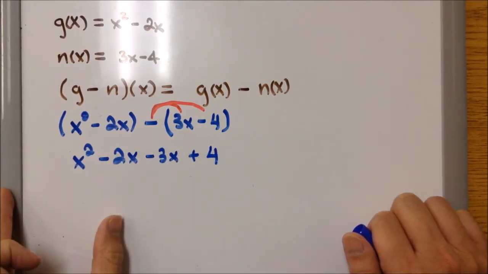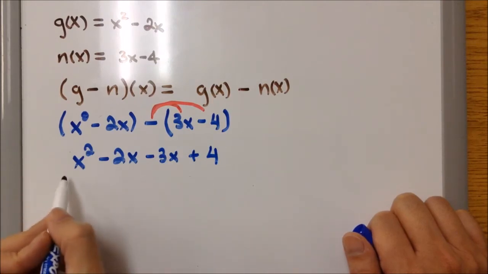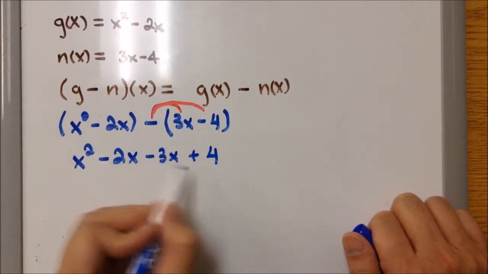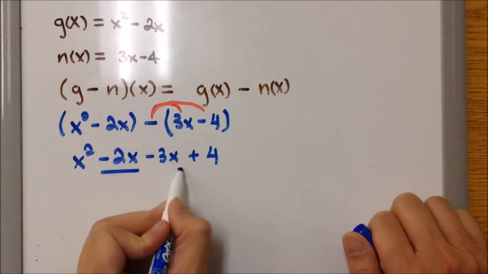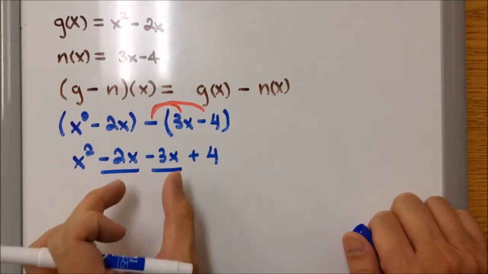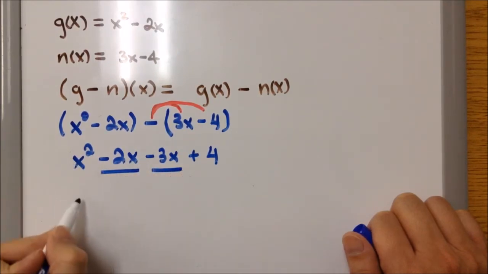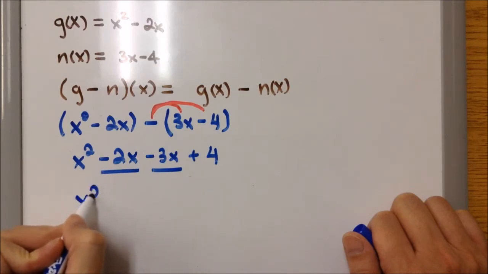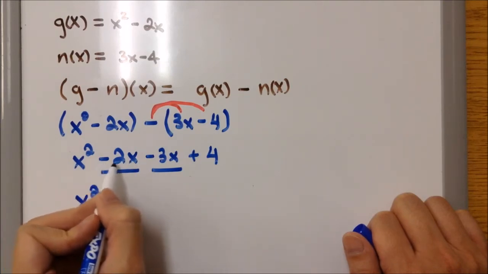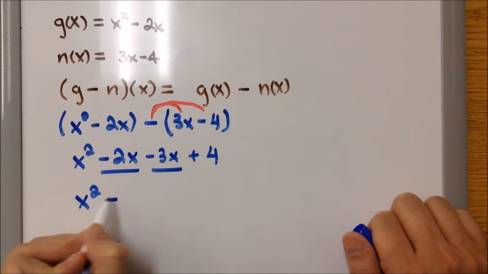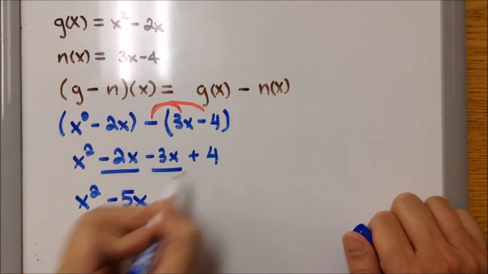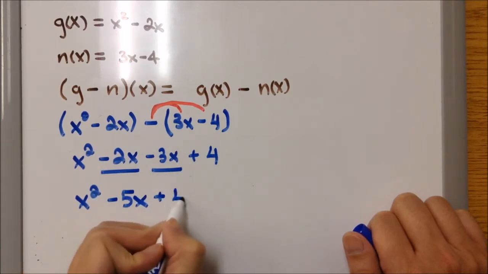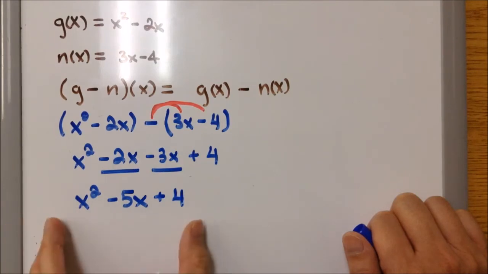Alright, now we're going to combine like terms. Since I have nothing else to multiply or divide, these two I can combine because they both have x. Bring down the x squared. So minus 2x minus 3x, that's just minus 5x. And then bring down the plus 4. Alright, since there's no more terms to combine, then I'm just going to write out the answer form.